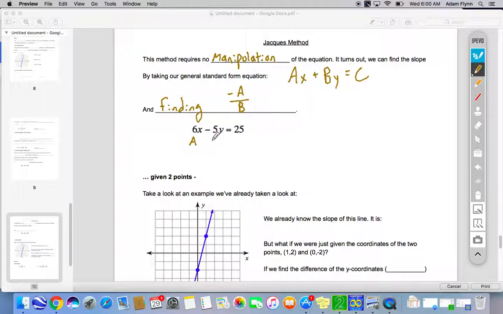So I know this is a, this is b, and this is c. So negative a would just be negative 6 divided by b, which is negative 5. Actually, let me circle those.